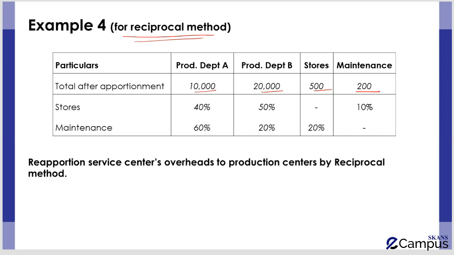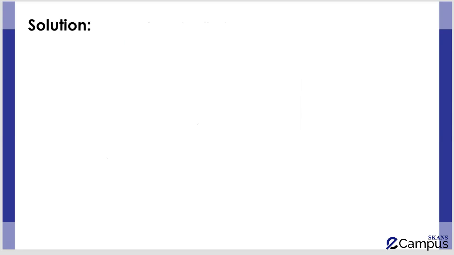When we reapportion maintenance cost, it will charge 60% of its cost to A, 20% to B and 20% to stores. It means both service centers are charging their cost to each other, which means both service centers have shared services between themselves as well as with production departments. Now let's solve them. Before we solve the question, I would like to write the basic data.